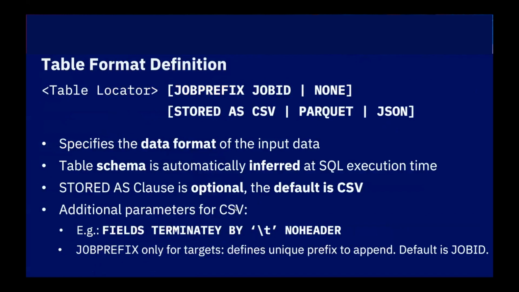You can also specify this job prefix option, which means when you're writing data, so this is more for the target, we will not generate a unique prefix to identify the result. So you can specify, I want exactly this location to be written, and no additional prefixes to be added.